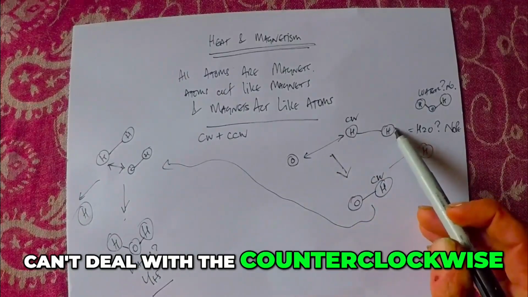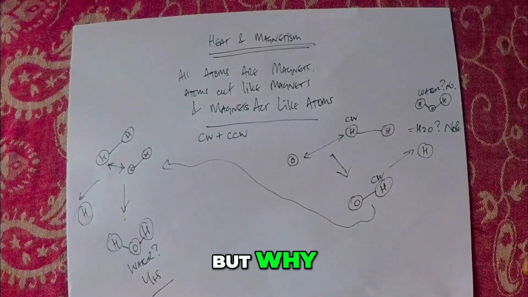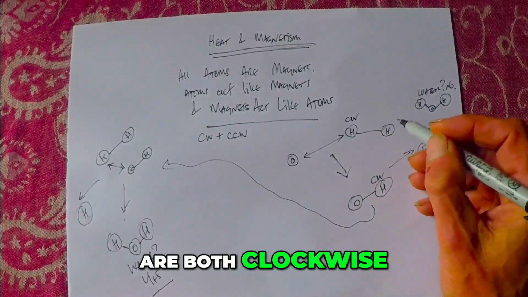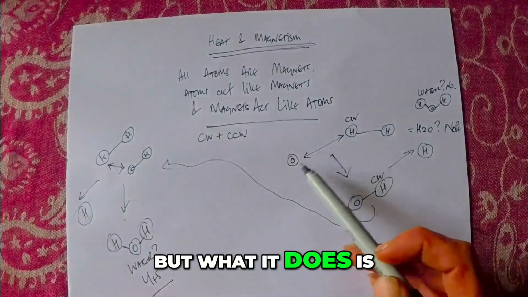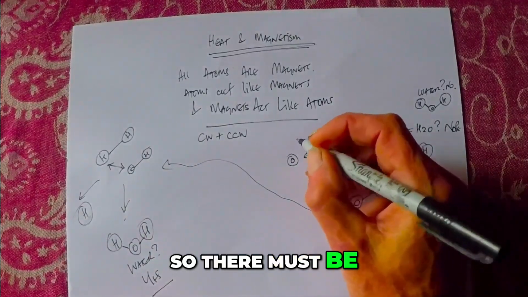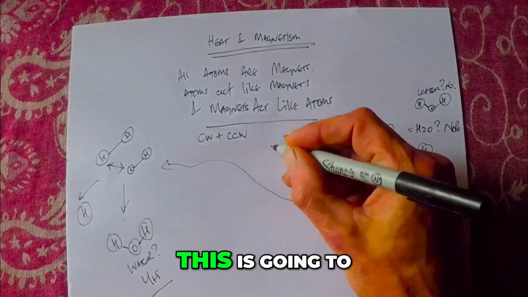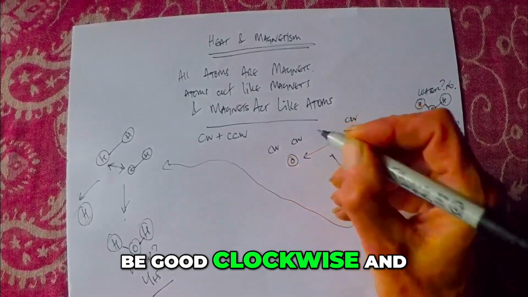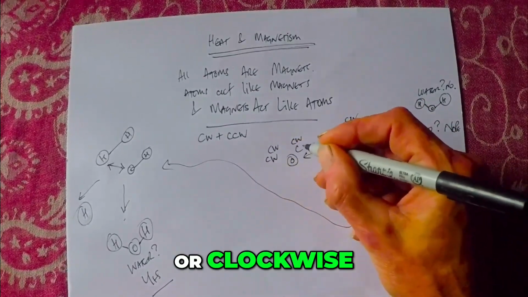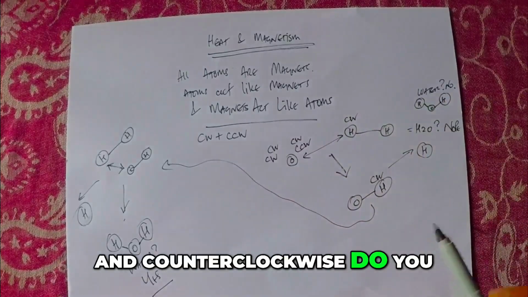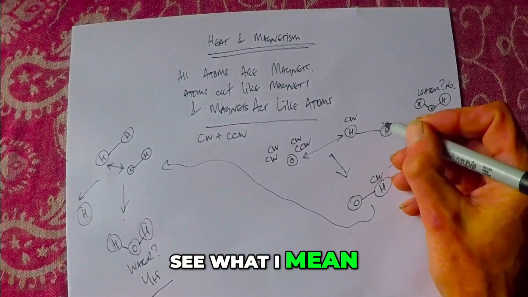Can't deal with the counterclockwise. But why? Unless, of course, these are both clockwise. Or these two over here are both counterclockwise. So there must be either clockwise and clockwise, or clockwise and counterclockwise. Do you see what I mean?